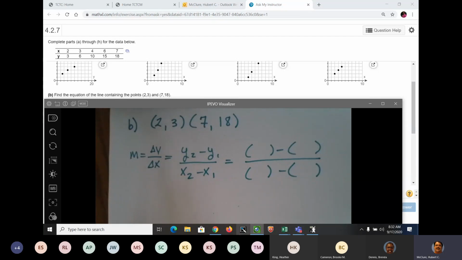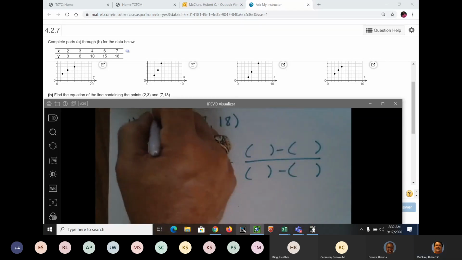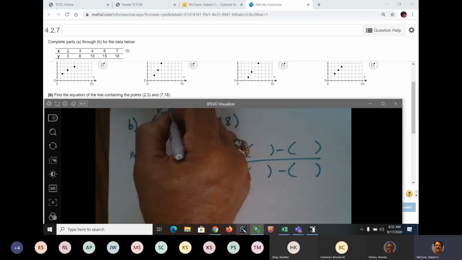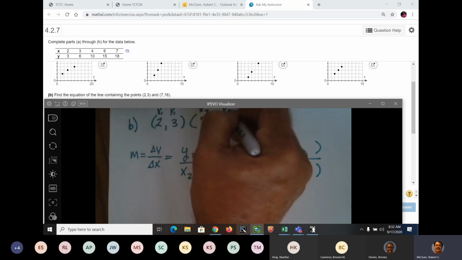I have a fraction. Okay, but there's some people out there that invented this formula and they don't need those parentheses. So anyway, I'm going to read from left to right. Unless you're from the Middle East, Masalama, I learned that when I was in Saudi Arabia. X sub 1, Y sub 1, X sub 2, Y sub 2.